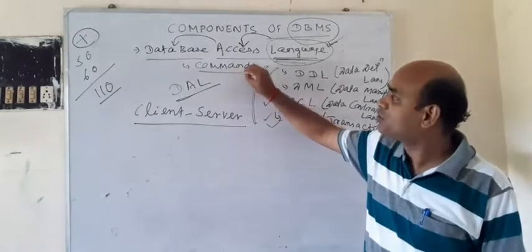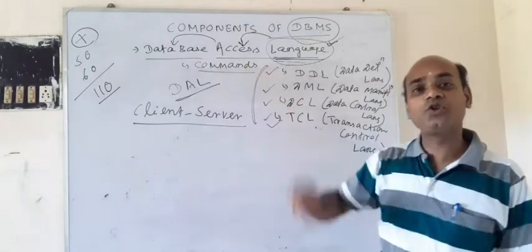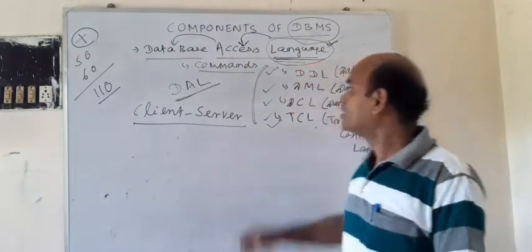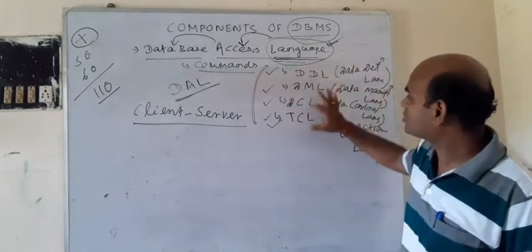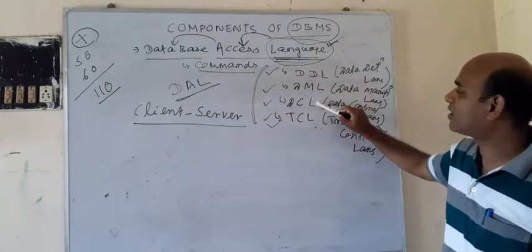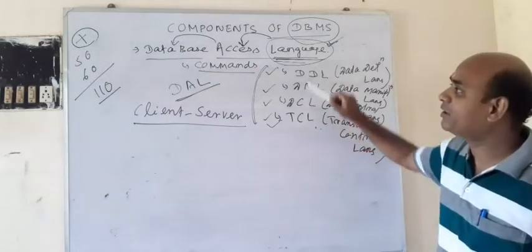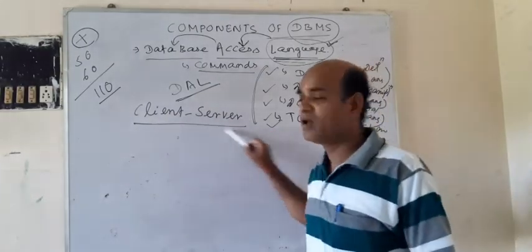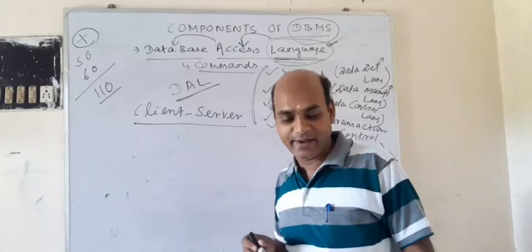These commands are executed properly so that a report will be generated. To provide a command, these database sub languages, DDL, DML, DCL and TCL, are also required, and it is supported in a client server environment or client server architecture.